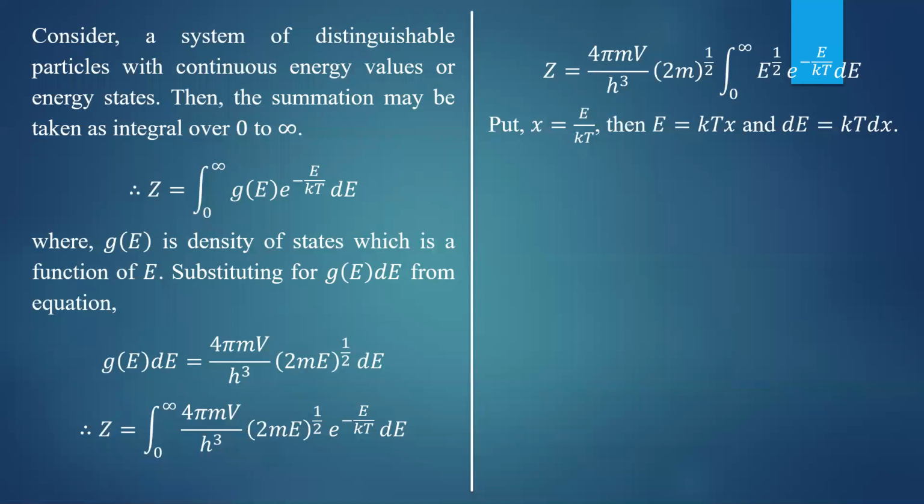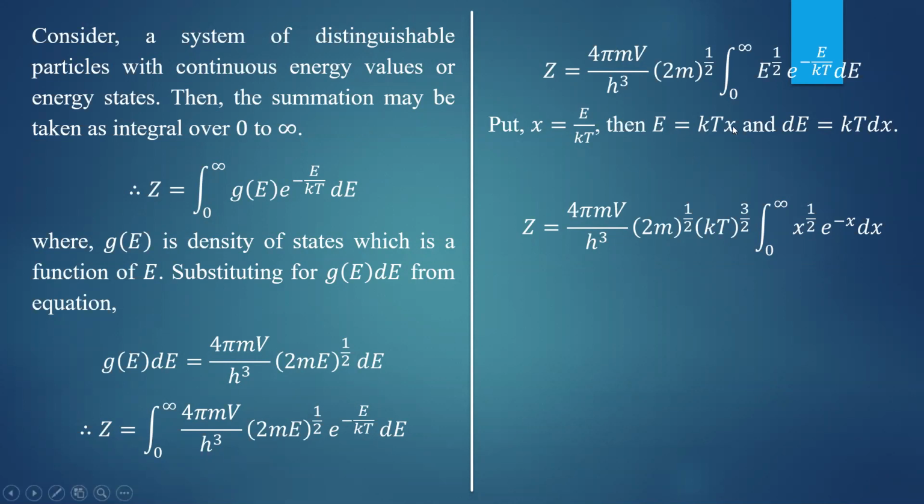Okay. So substitute there, in the integrand. So what you will get? You will get z is equal to 4 pi mv divided by h cube as it is, 2m to the power half as it is, and for e we have to put kt into x. So we'll get kt to the power half, because e to the power half is there. For dE, you put kt into dx.